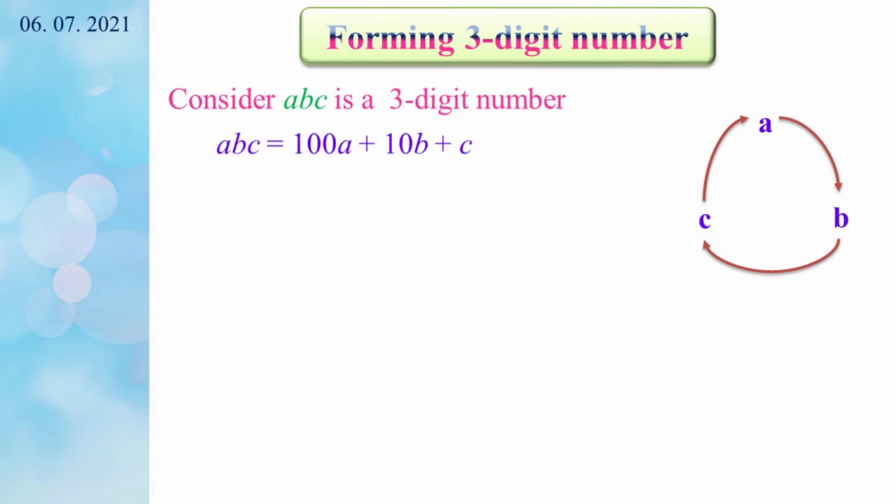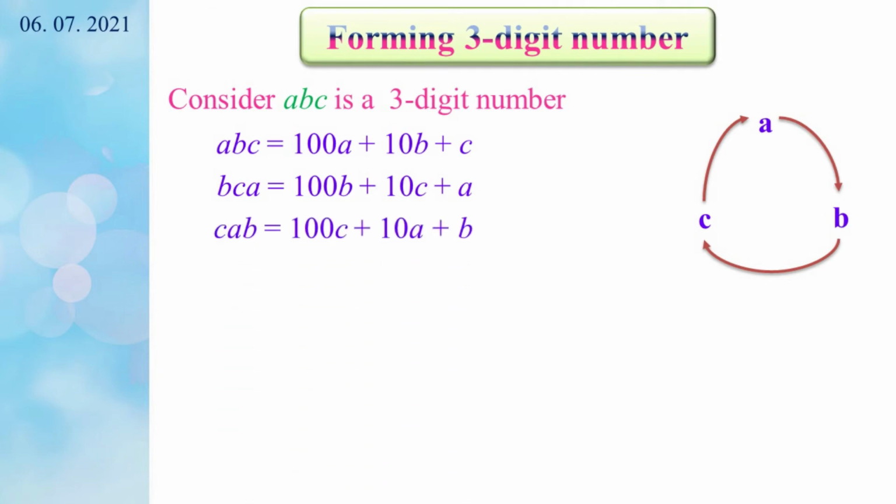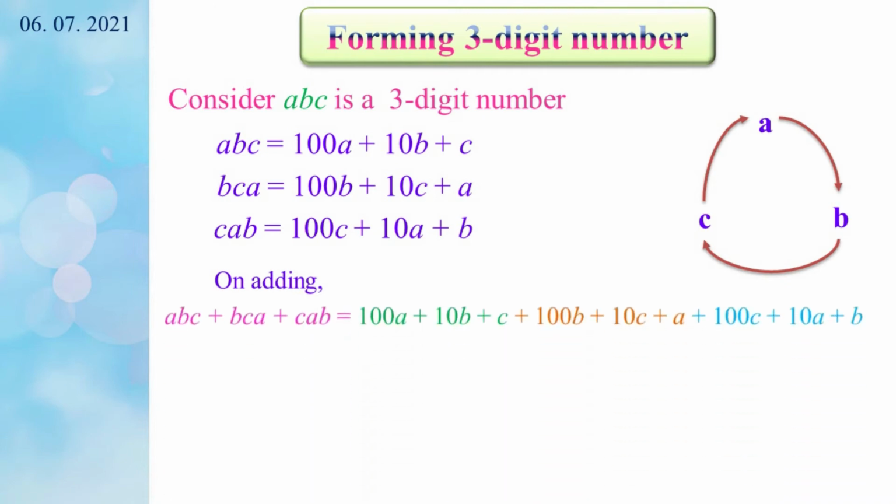ABC is equal to the expanded form 100A + 10B + C. By changing the order of its digits in cyclic order, we get 2 more 3-digit numbers: BCA, the expanded form 100B + 10C + A, and CAB, the expanded form 100C + 10A + B. On adding these 3 numbers, we get ABC + BCA + CAB = 100A + 10B + C + 100B + 10C + A + 100C + 10A + B.